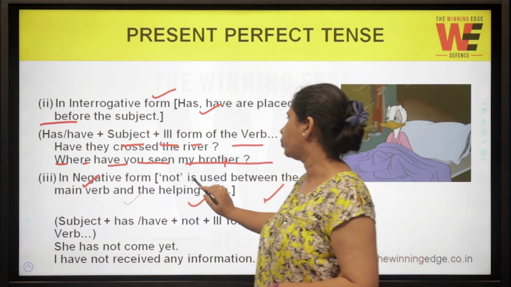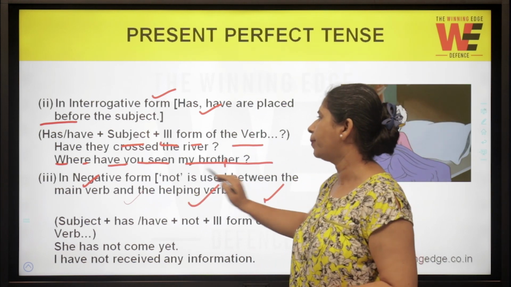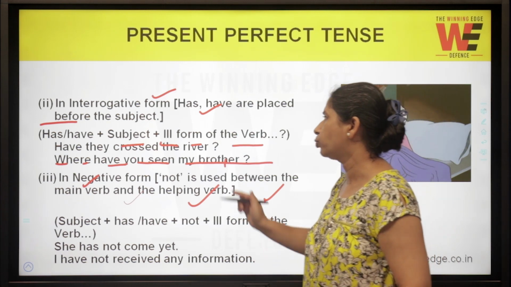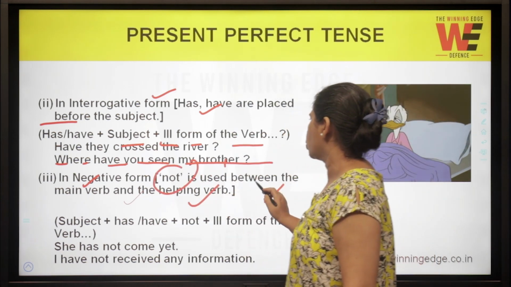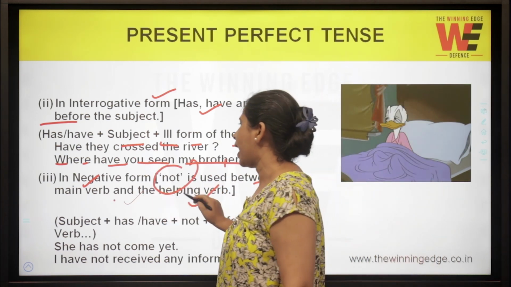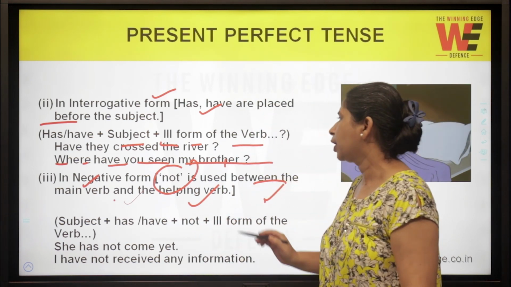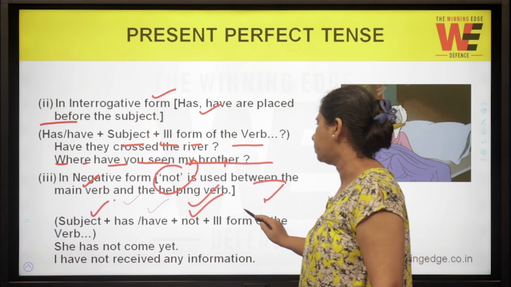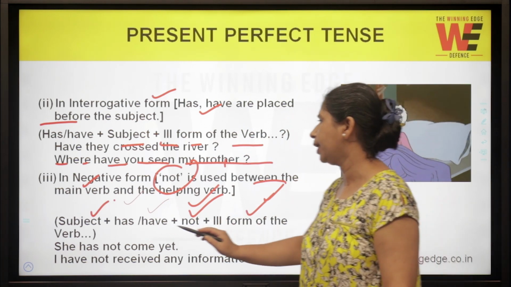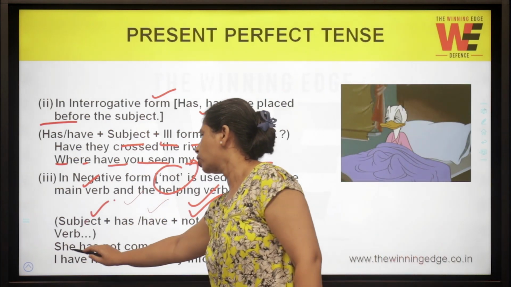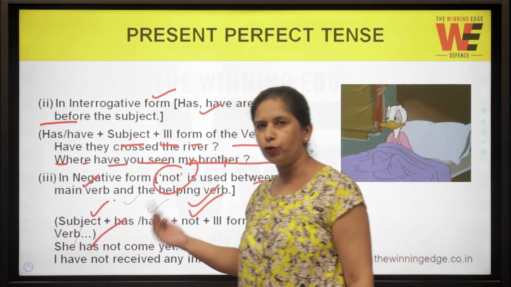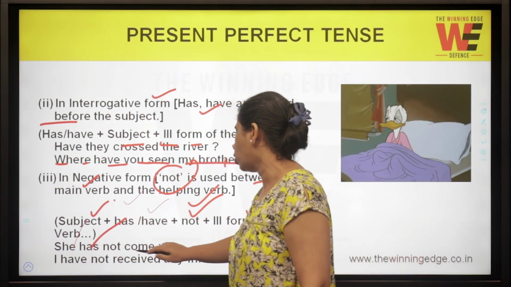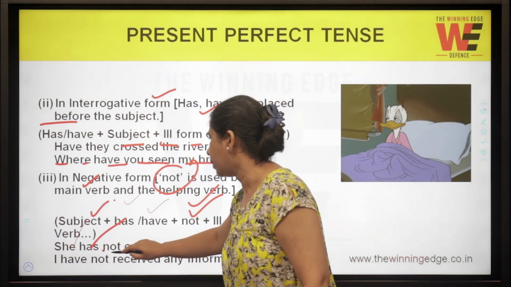In negative form, not is used between the main verb and the helping verb. कभी कोई sentences ऐसे negative form में होते हैं तो you have to remember not is used between the main verb and the helping verb. Okay, then other example, subject plus has, have plus not plus third form of the verb, जैसे कि she is your subject, ठीक है, has और have जो भी sentence होगा, I have या she has not come yet, so not is coming first.